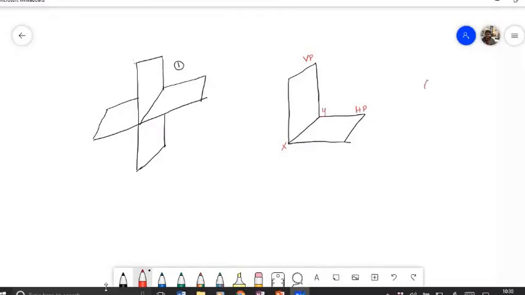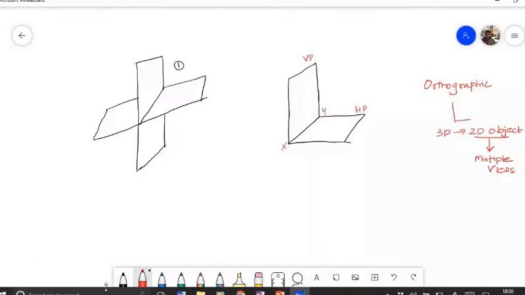Orthographic projection is to convert a 3D object into 2D, with multiple views. That is the objective of orthographic projection. Whereas if you try to draw mutually perpendicular planes in a drawing sheet, it will become 3D, so the objective of orthographic projection will not be satisfied.